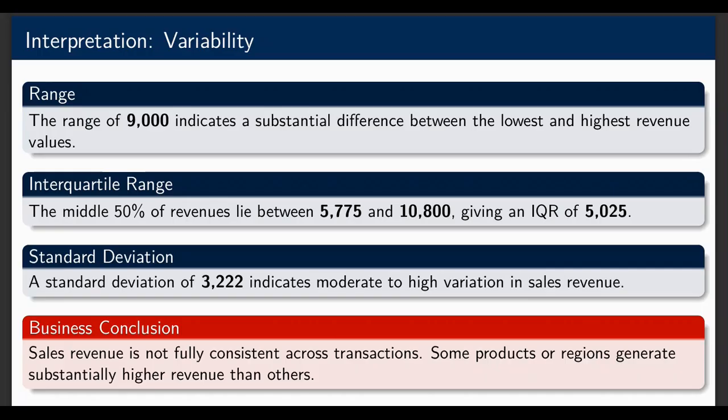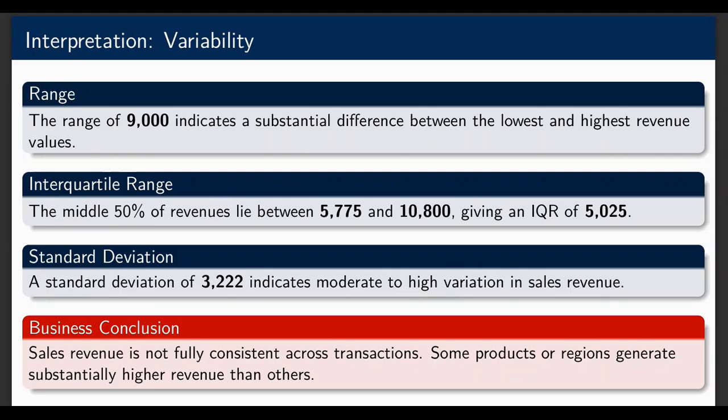In the interquartile range, the middle 50% of revenue lies between 5,775 and 10,800, giving an interquartile range of 5,025. Here you are supposed to know we have the first, the second, and the third quartile, and the second one is equal to the median.